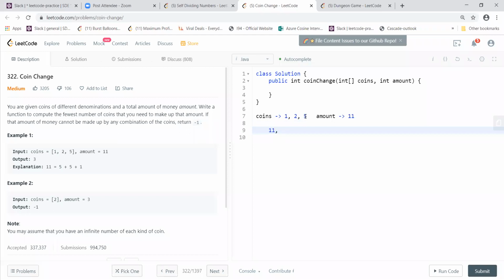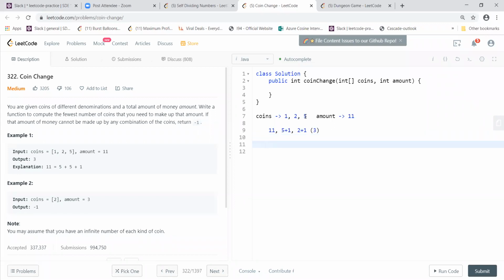And with 2 we can have 2 5s and 1 1, right? So 5 plus 1. And with the denomination 5, we can have 2 such coins plus 1. So if we see 11, 6, and 3, 3 is the lowest one, and therefore the answer is 3. Okay, so this is the way the answer would come.